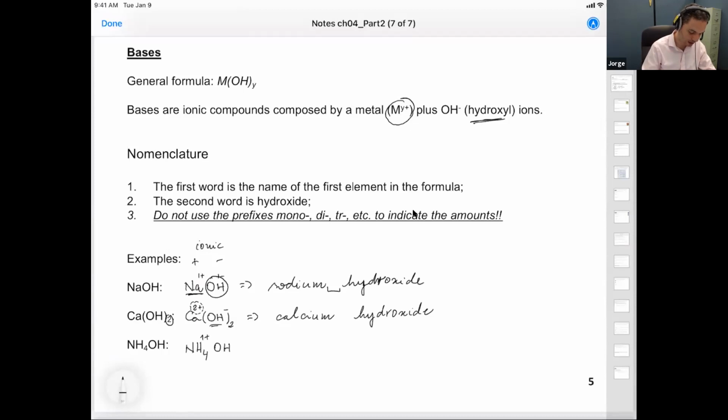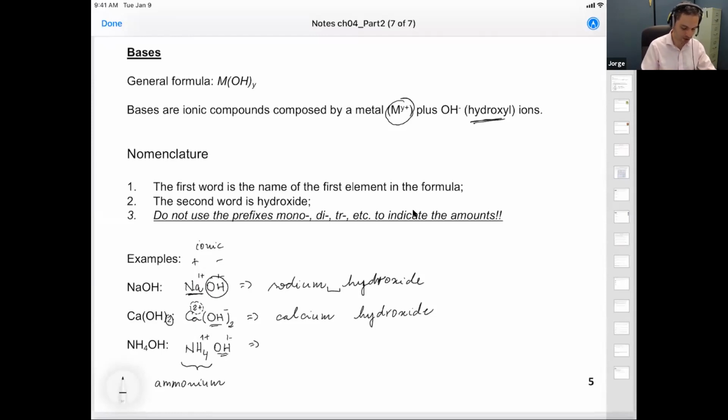NH4 has a charge of 1 plus, and the name for the NH4 cation is ammonium. When ammonium is bonded to OH minus, that means this compound is a base.